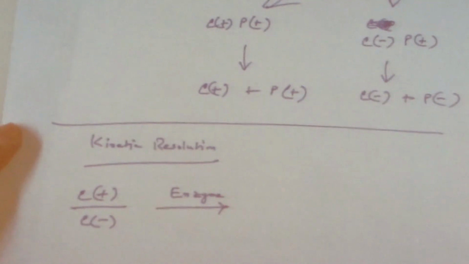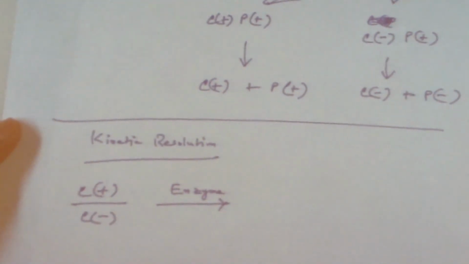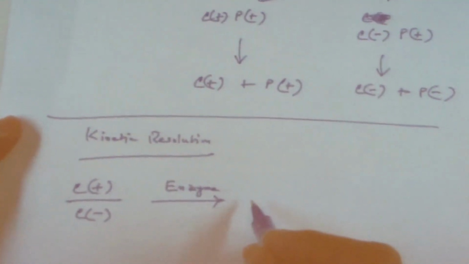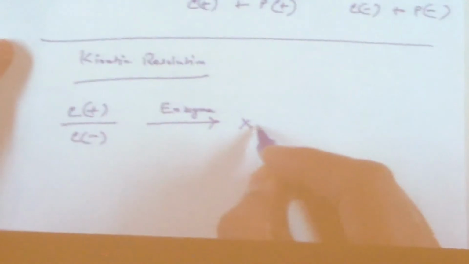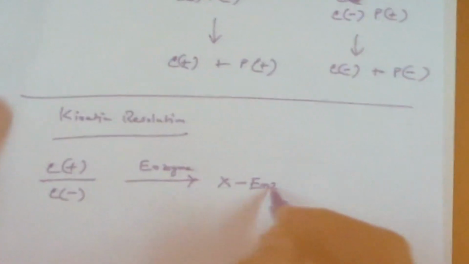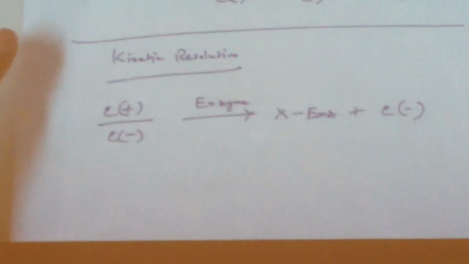So now, let's say it reacts only with C plus, so it would essentially convert the C plus to, let's say, something X, plus C minus. So C minus would be left intact, and that can be isolated.